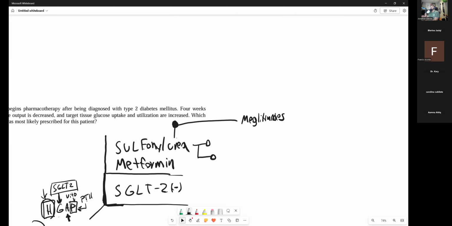Now, one thing I will mention that's kind of crazy is that metformin can interfere with vitamin B12. It interferes with the absorption of B12 at the level of the gut. This is a problem that can actually be reversed.